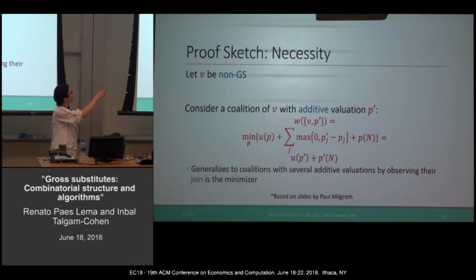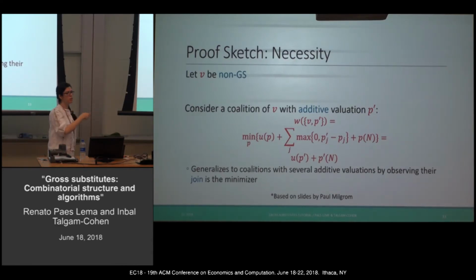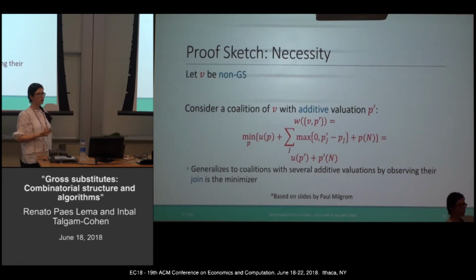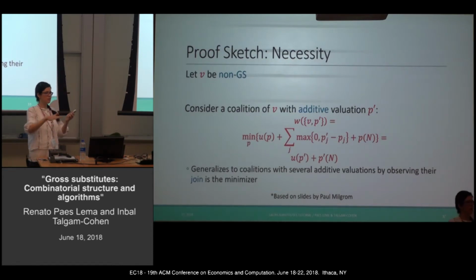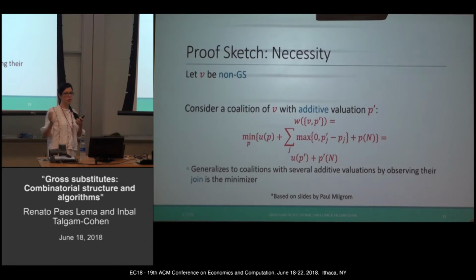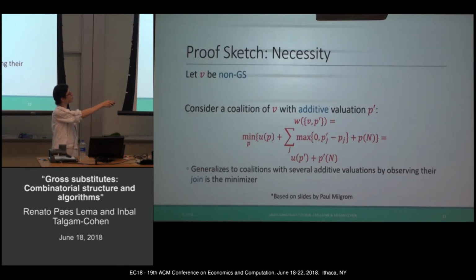If we take any valuation V and an additive valuation P prime, and we look at the coalition of these two players, it's a little bit weird that I'm using P prime for the valuation, but this is because the valuation is going to be based on prices. A price vector and an additive valuation are really the same mathematical object. It's just one number for each one of the items. So I'm going to use P prime for the additive valuation, and I apply the coalitional value function to it.